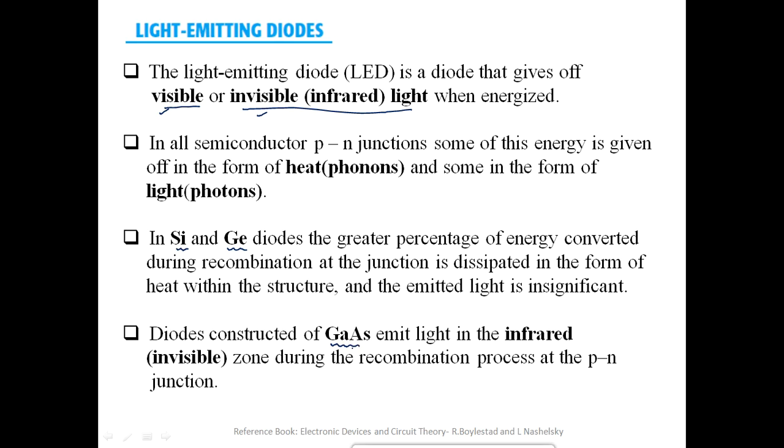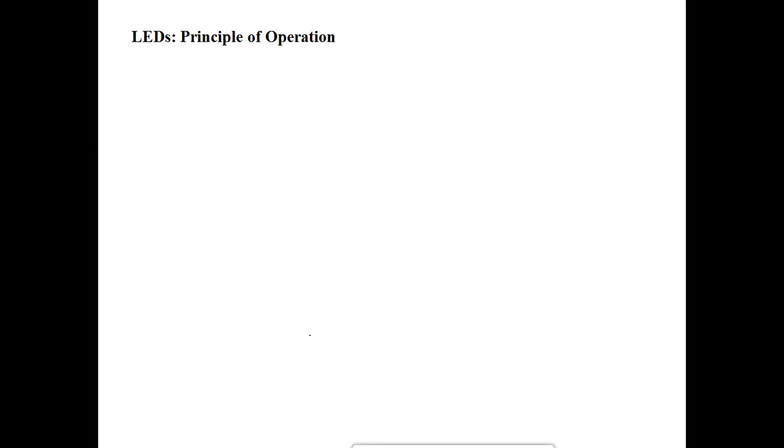Does it emit light in the infrared range or in the visible range? What about the internal working principle that happens, especially with respect to these diodes? So we'll try to understand all these points, but before that we must be very comfortable with the basic working principle of an LED.